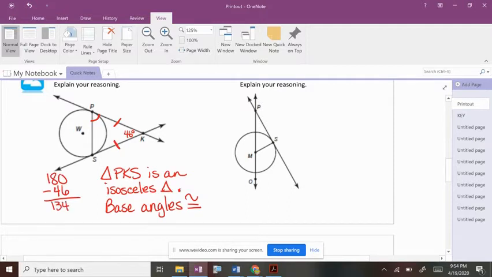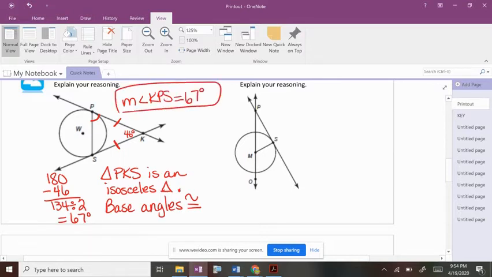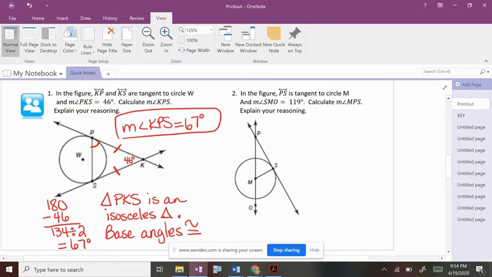Then we're going to divide that by 2 because that's what's left for the two angles. So that's going to equal 67 degrees. So our answer for the measure of KPS equals 67 degrees.